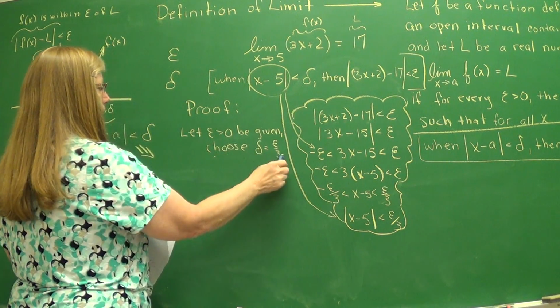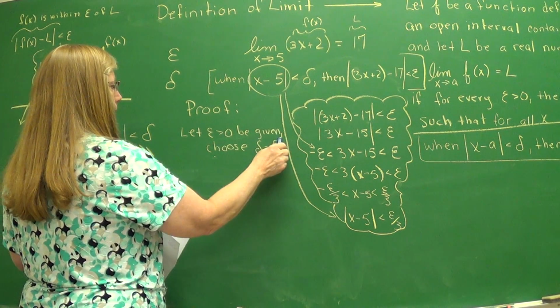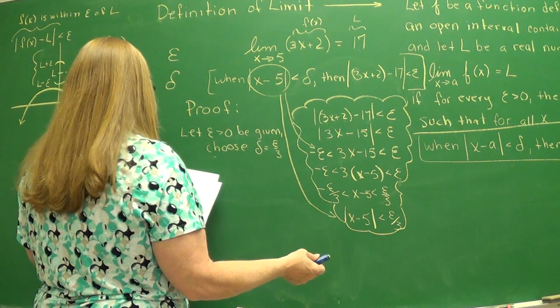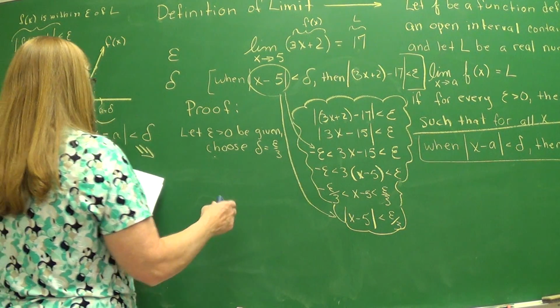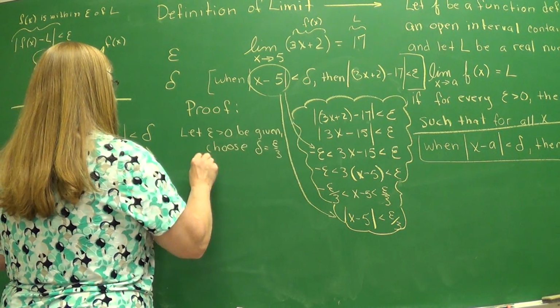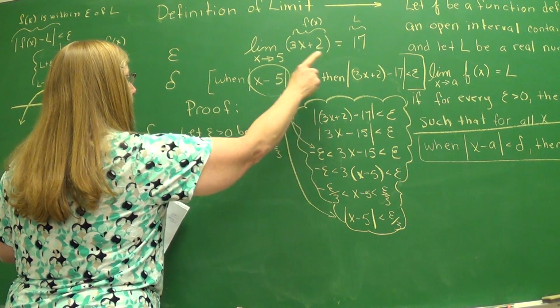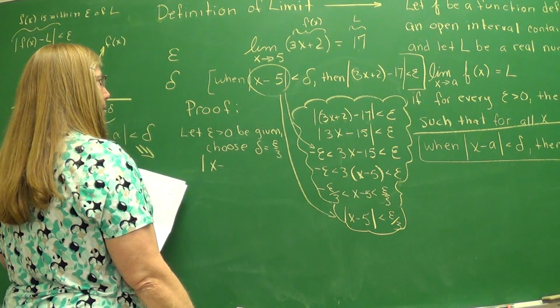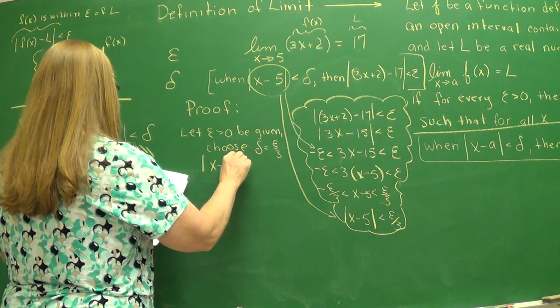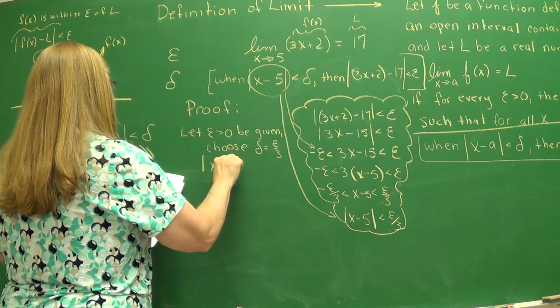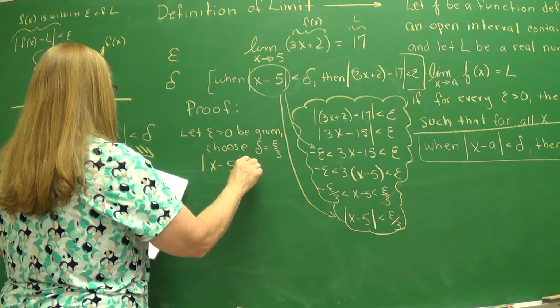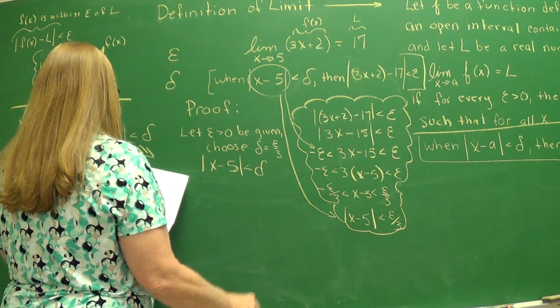When we have this relationship between delta and epsilon, we are on a good path. So we start again on this side, and if it leads to that side, then we know we have found the limit successfully. So I'm going to start with the absolute value of x minus 5 is less than delta.